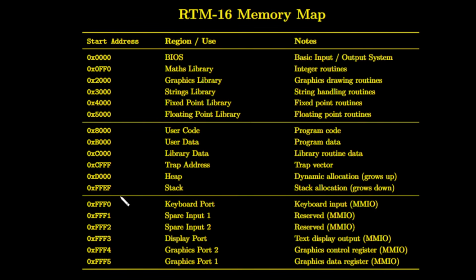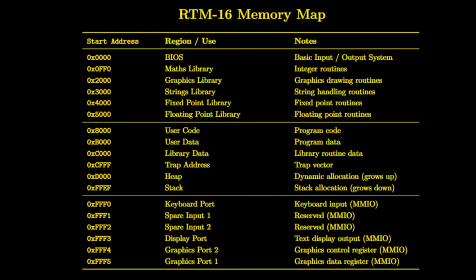So the last part here are our memory mapped I/O ports. And you can see this starts at 0x FFF0, F1, 2, 3, and so on and so forth. So these here are nothing other than the port allocations that we have for our keyboard, the spare, the display, the graphics 2 and the graphics 1.